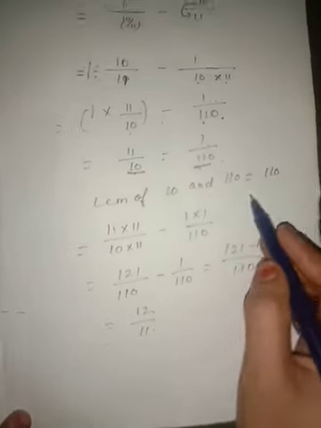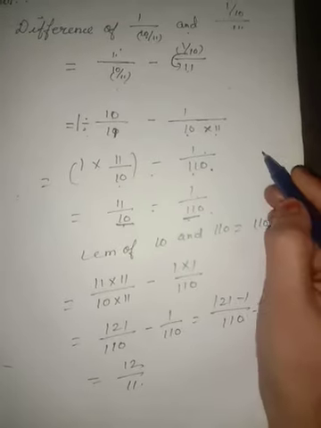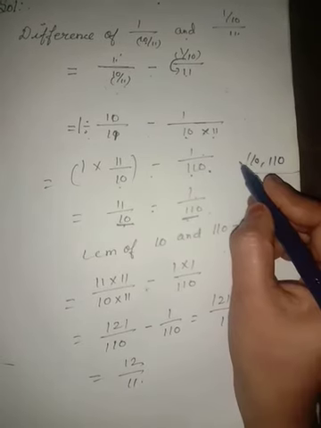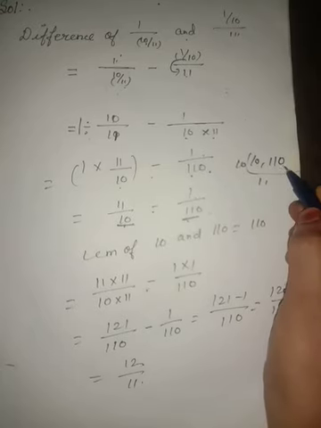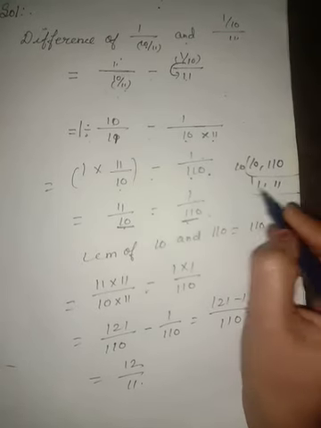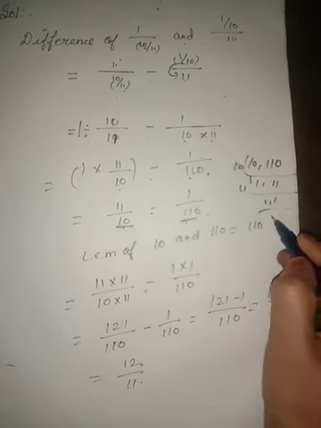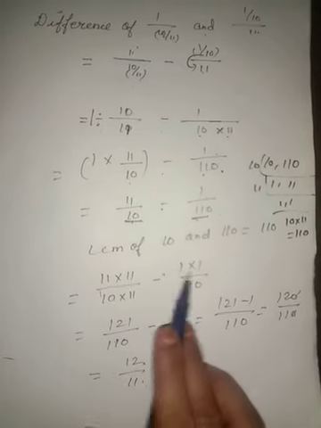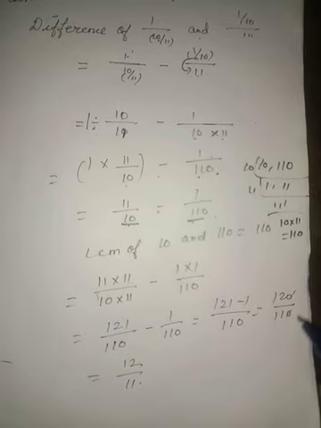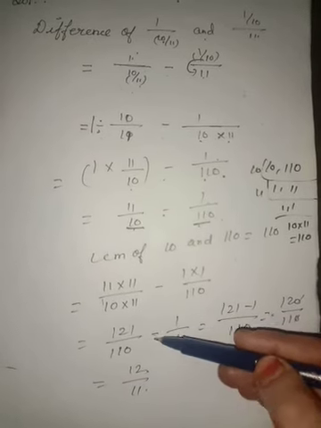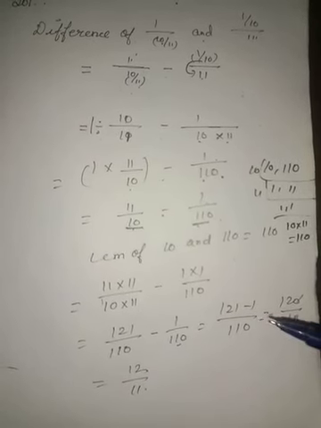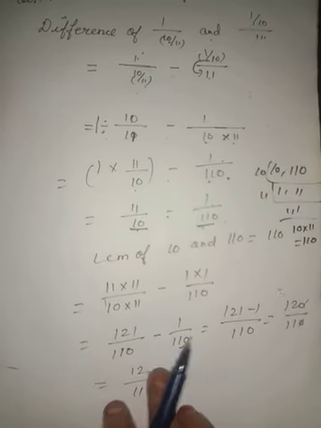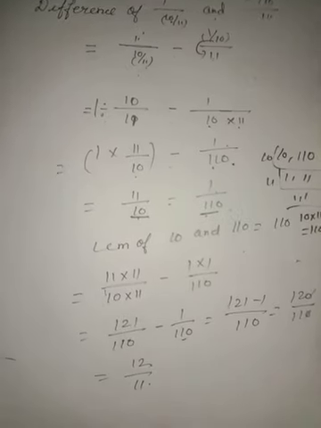Denominators are different. We must take the LCM of 10 and 110. 10 11s are 110. So simplifying the numerator and denominator and making them equivalent rational numbers, we get 121 by 110 minus 1 by 110.